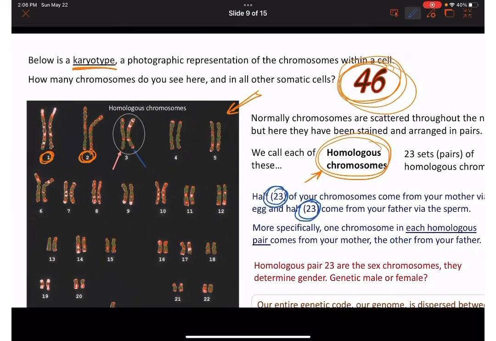For those 23 chromosomes from your mother, you may ask, which 23 chromosomes come from the mother and which 23 come from the father?